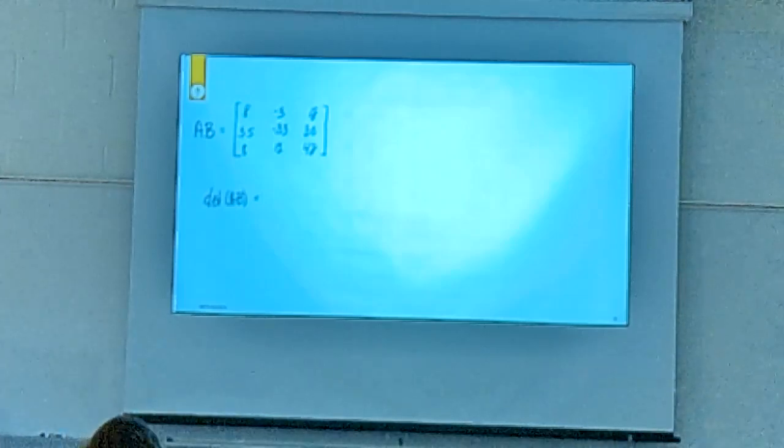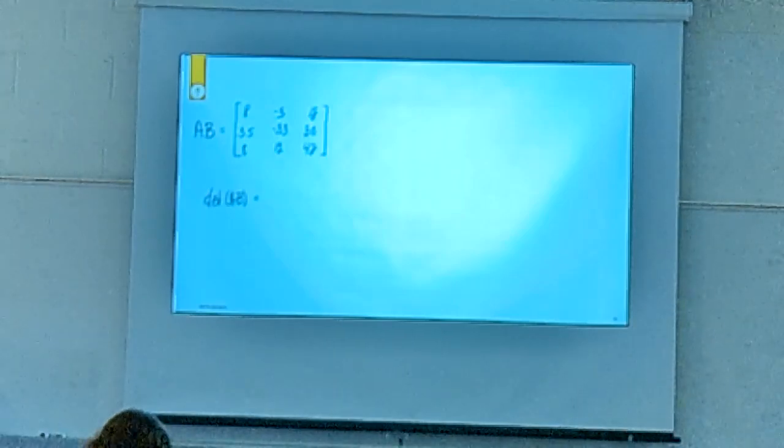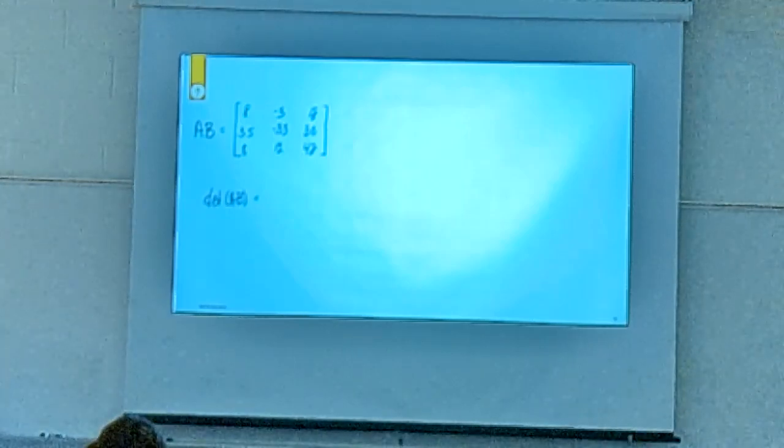Two ways you can go about this. You could use cofactor expansion if you wanted to, or you could just use the definition. There's really not one way that's more advantageous than the other.